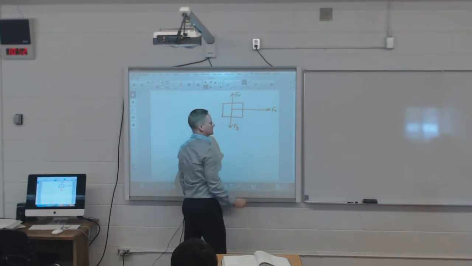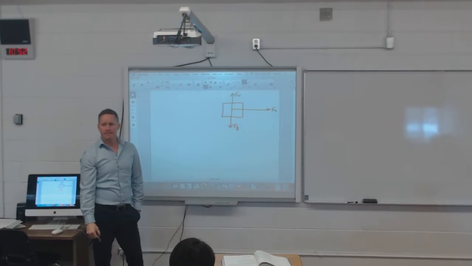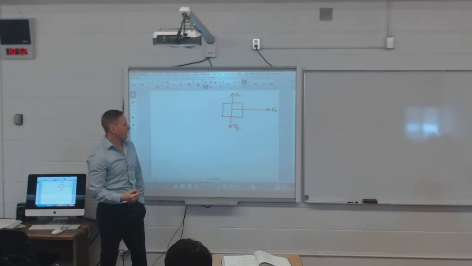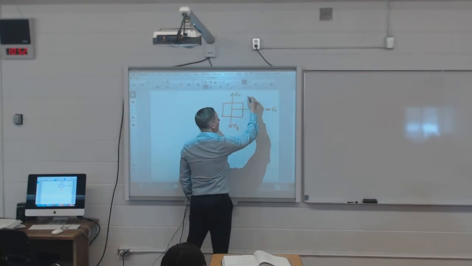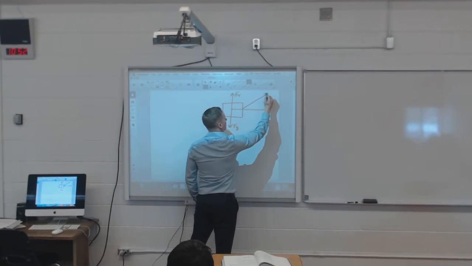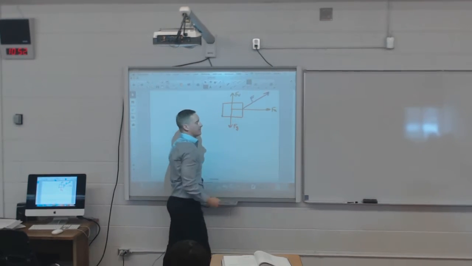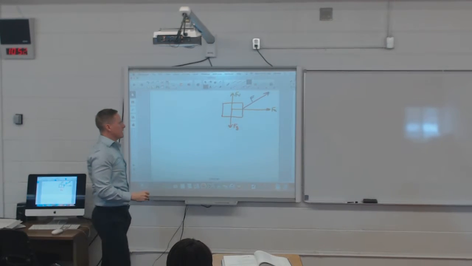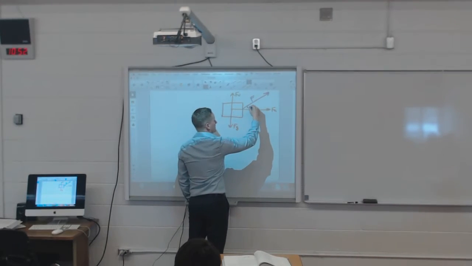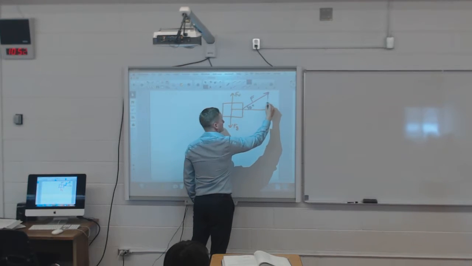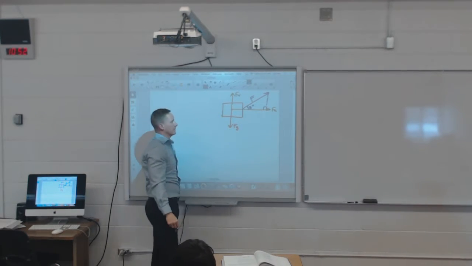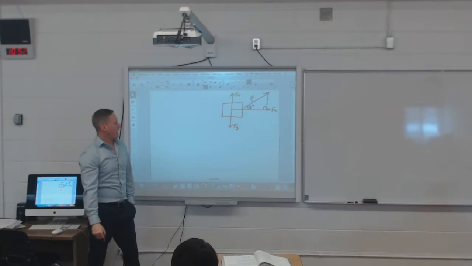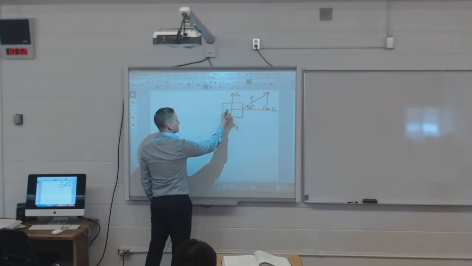That's my applied force. This is why it gets confusing. I also want to know the force he's pulling on the handle. That's my end game. This makes an angle of 40 degrees. And what is the frictional force?